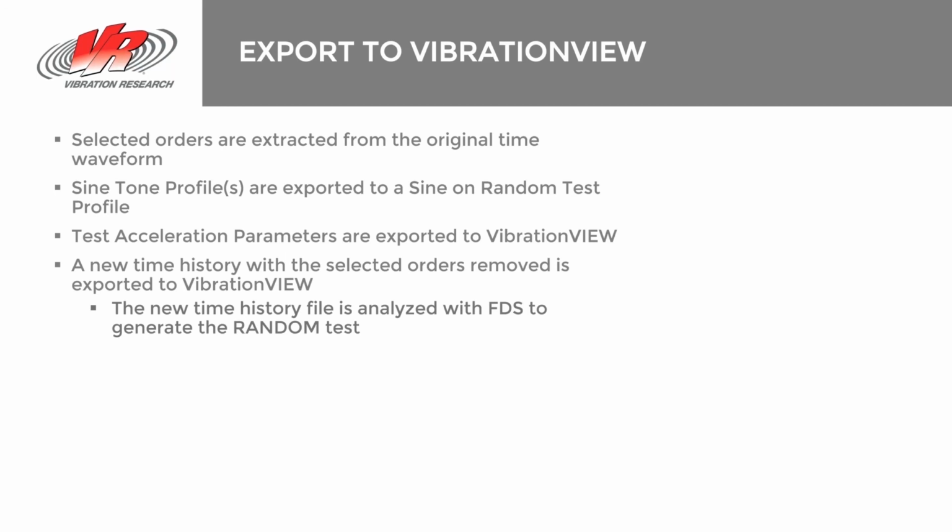So we analyze that using FDS, the fatigue damage spectrum that I talked about last week. And we can accelerate that random test using the same parameters as the Sine-on-Random test, and then merge the two, sine tones and random, to create that Sine-on-Random test profile.